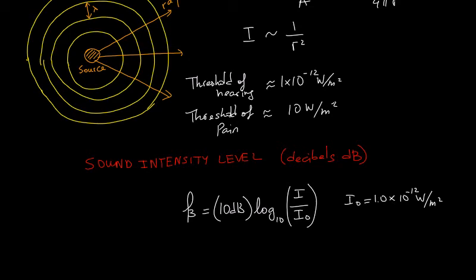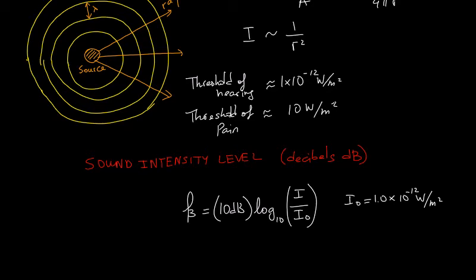Sound intensity level is dimensionless because it is formed from the ratio of two intensities. So decibels are just a name to remind us that we are dealing with the intensity level rather than a true intensity. It is very important that you understand that intensity levels and intensities are different things.